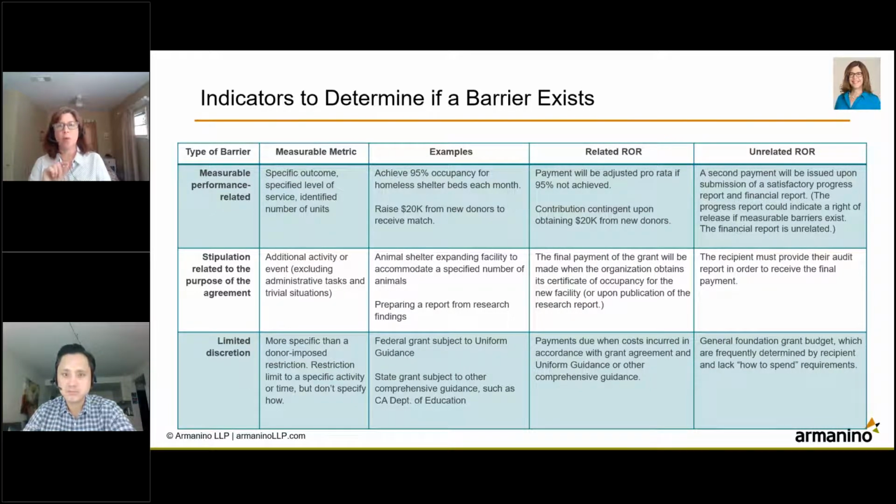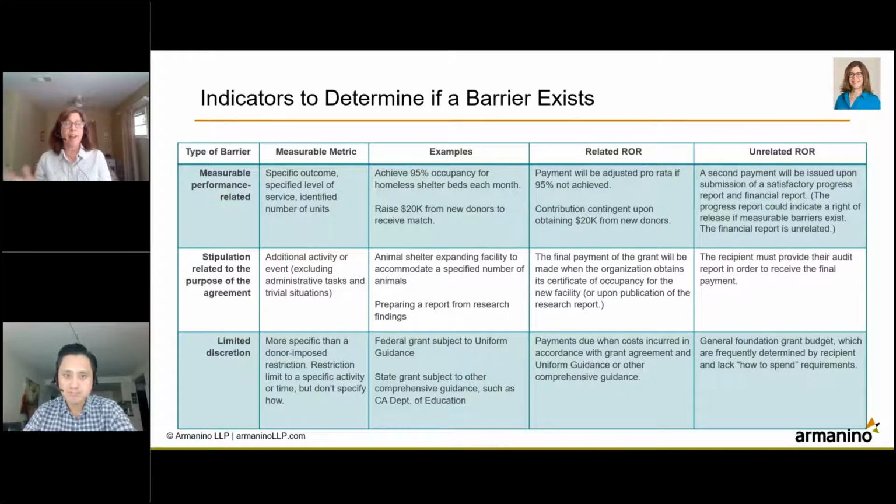But if there are true barriers that are measurable performance related items, and you need to present the report in order for the foundation to determine whether or not you've made progress, then you could have an issue where it's not really about the report, it's really about the measurement and performance under that grant.